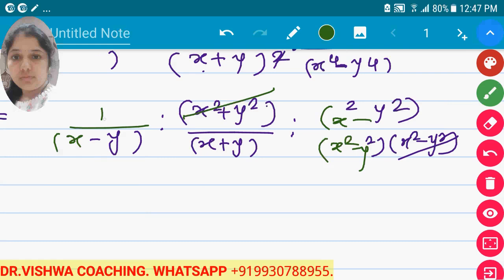Now what is remaining? 1 upon x minus y and x plus y is remaining. So it becomes 1 upon x minus y and x plus y.